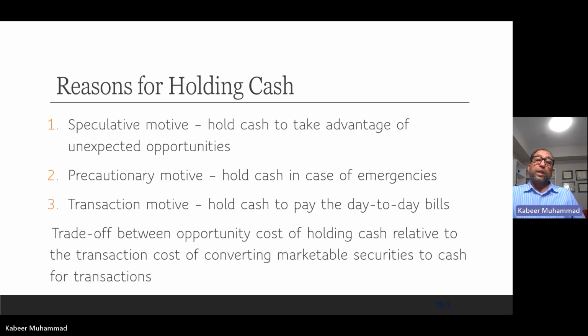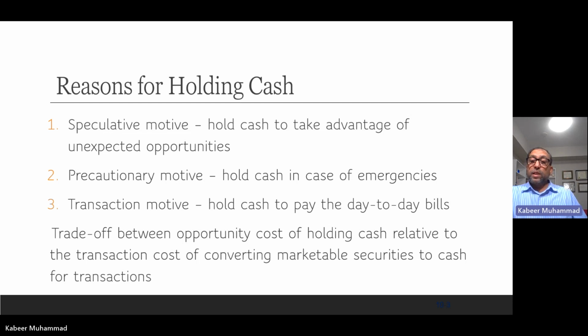This is what we call the transaction motive. We need money to do all these transactions. So there are three needs why we hold money. One is speculative, the other is precautionary, and the third is the transaction motive.